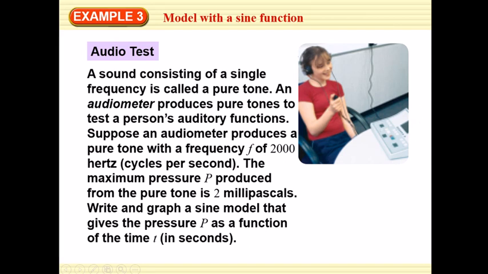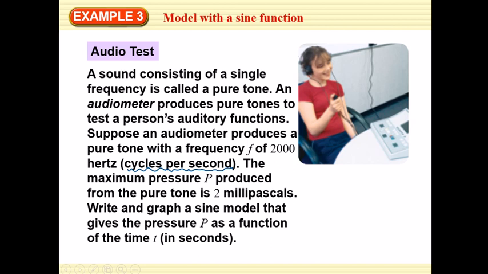An audio test. A sound consisting of a single frequency is called a pure tone. Skipping ahead here, suppose an audio meter produces a pure tone with a frequency of 2000 hertz, which is cycles per second. Hertz is a different type of unit that we haven't used before, but you might have in your integrated science class.